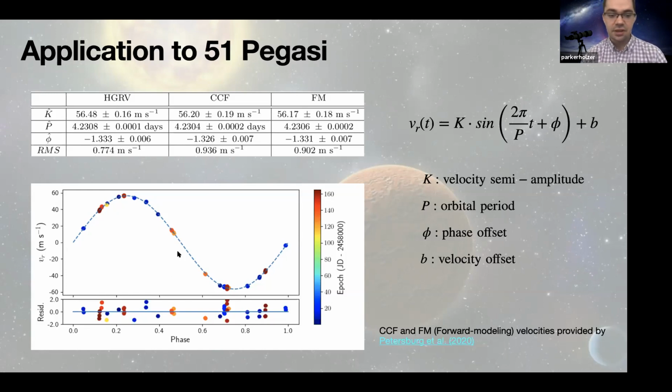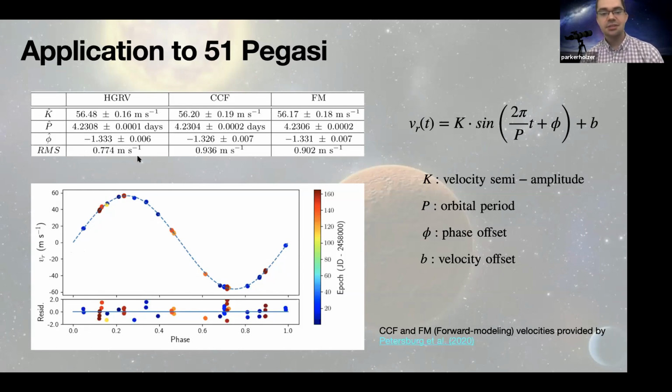Here is the RV curve fitted to the estimated radial velocities at each of the times. You can see how it's a very good fit overall. And if you calculate the scatter about this RV curve, you get an RMS of 0.774 meters per second.